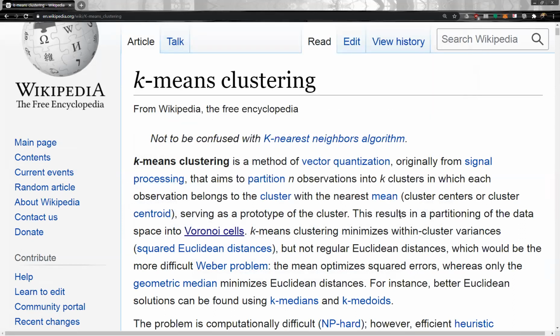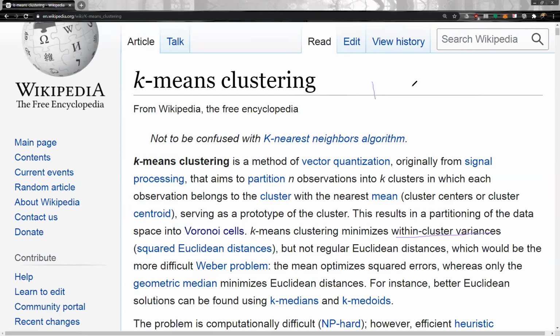So k-means clustering minimizes within-cluster variance, squared Euclidean distance, but not regular Euclidean distance. So here, distance means the within-cluster variance.